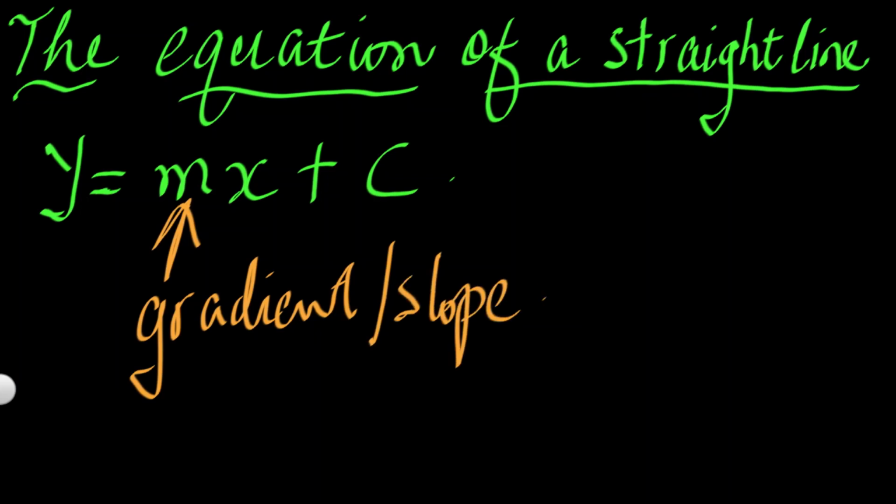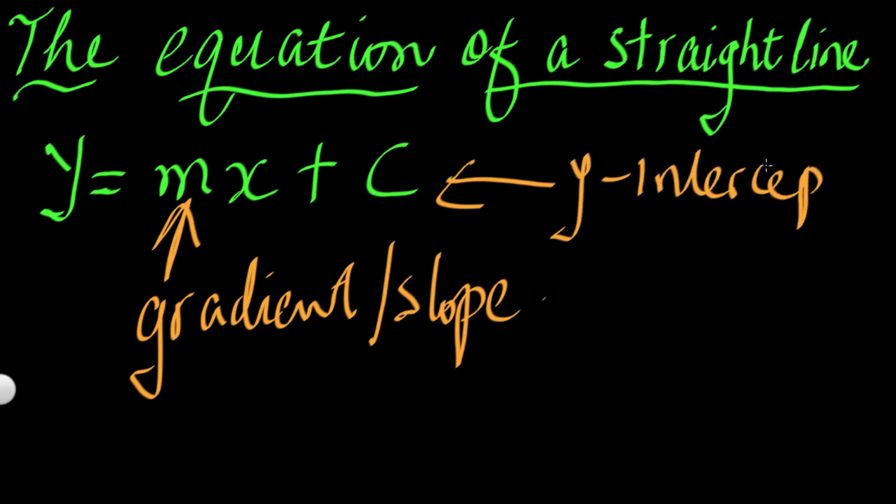M is the slope of the straight line, and c is what we call the y-intercept. The y-intercept is simply the value of y where this line is cutting the y-axis.